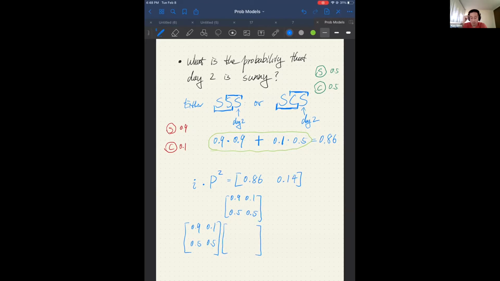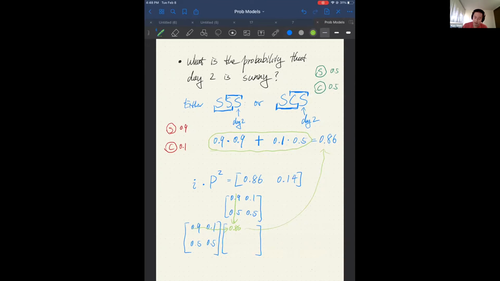Right. Now for this P squared, let's just calculate the first entry, which is given by the first row here and the first column here, right? And in this case, we see that this is exactly the same computation, 0.86, which is something that we have computed over here. Okay. And then what I does is just says, oh, we're going to look at the first entries.